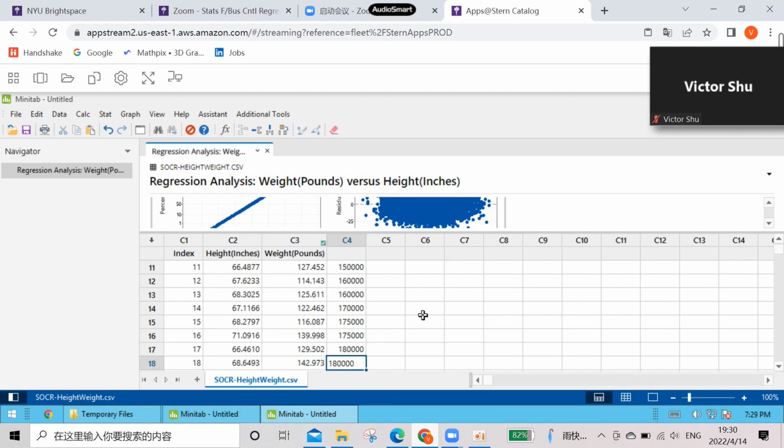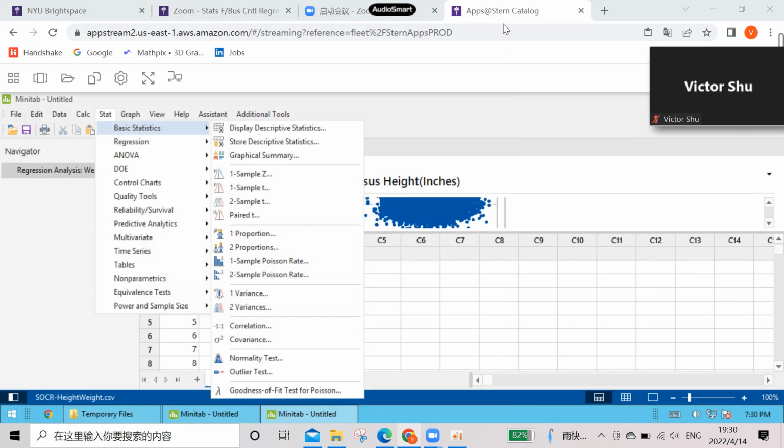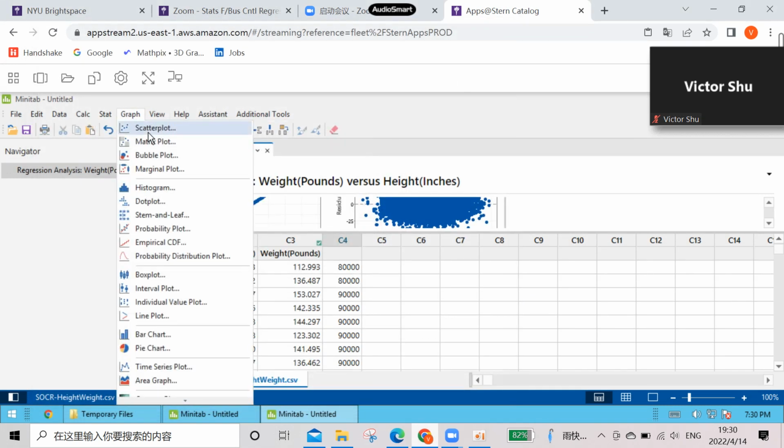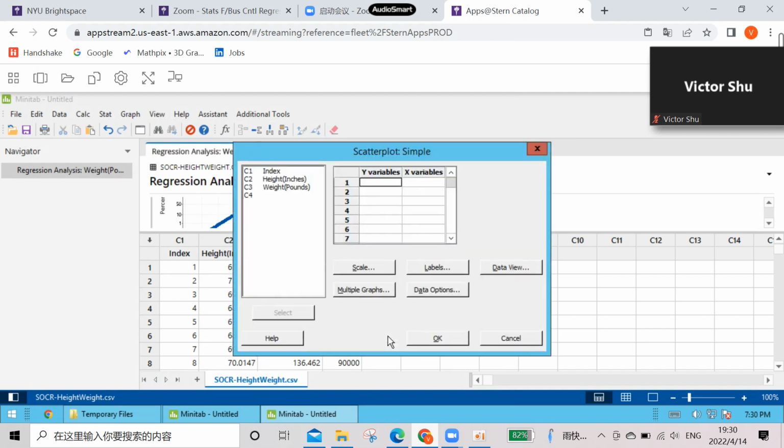Let's say we have 18 observations. So if I graph them, we have a basic view of how those numbers are clustering.